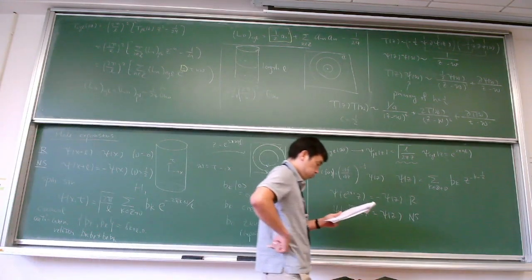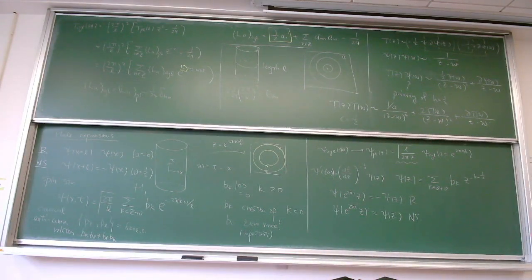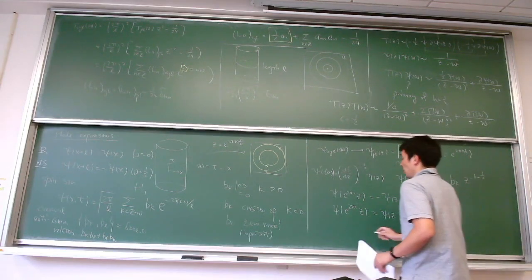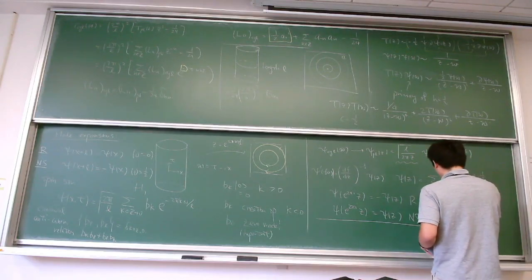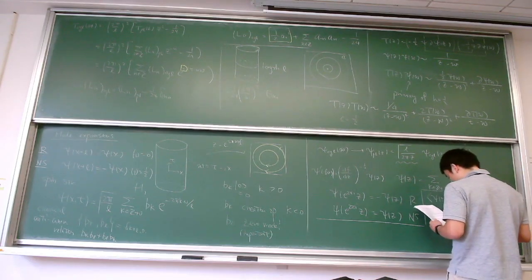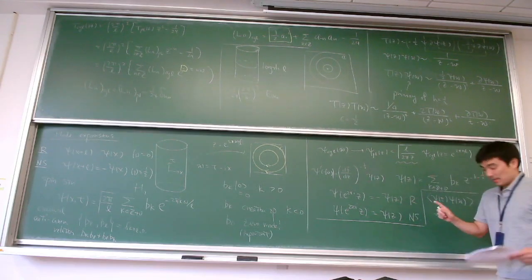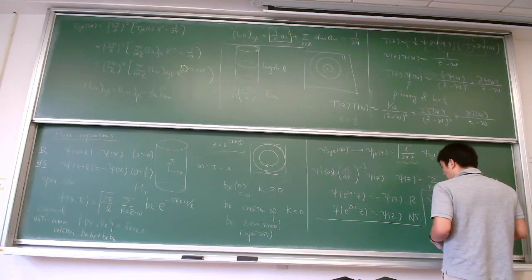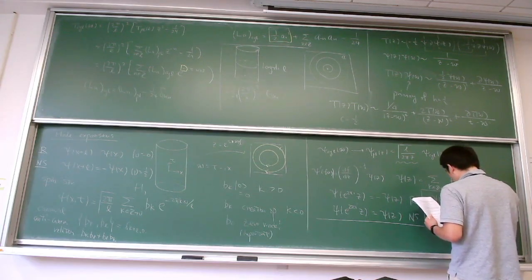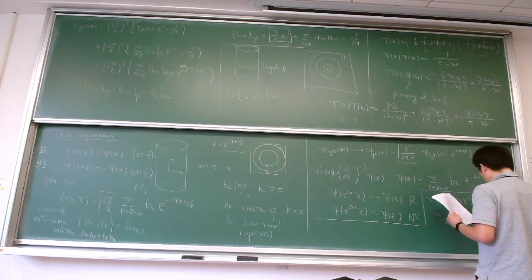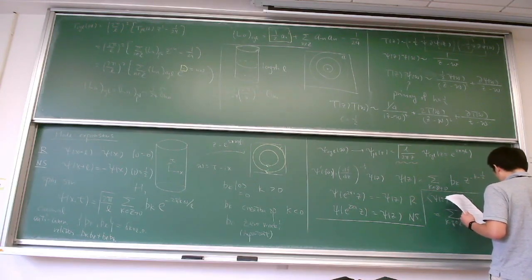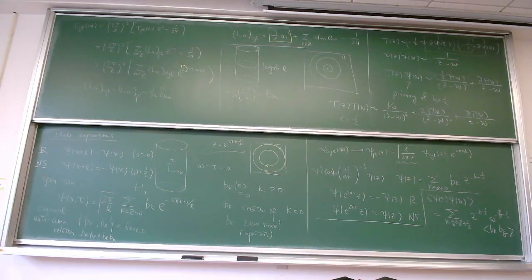So now we can look at the two-point function, psi of z with psi of w, by plugging in this mode expansion. Neveu-Schwarz is very simple, so this is the NS sector.